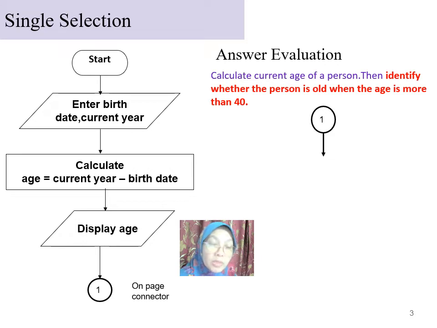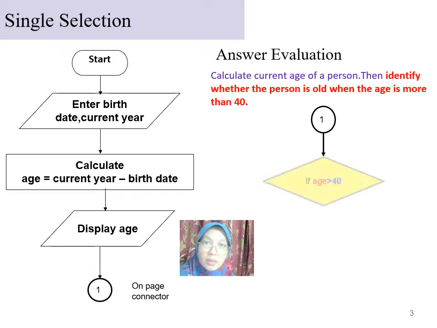If you don't have enough space, you put an on-page connector here, and if you want to continue on another side, you just draw the same circle and put number 1 there. So we know that it will continue from this sequence control structure and then continue with this next flowchart.